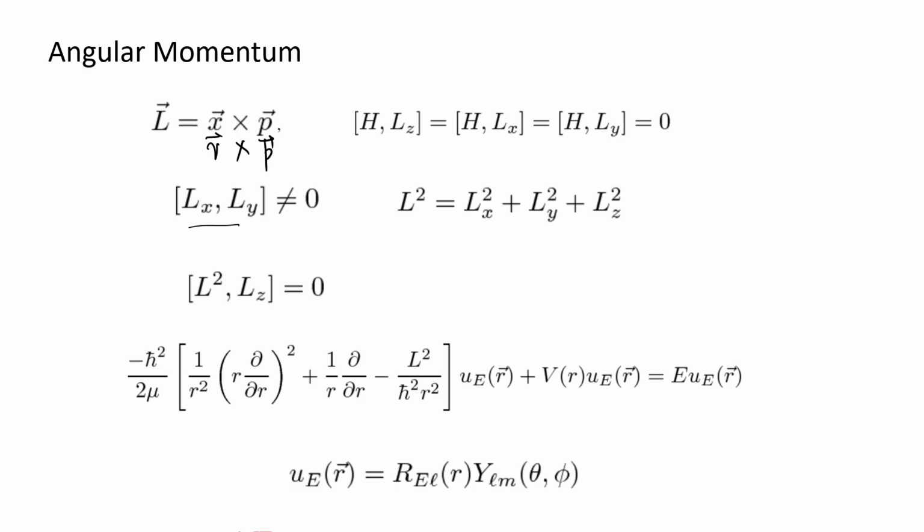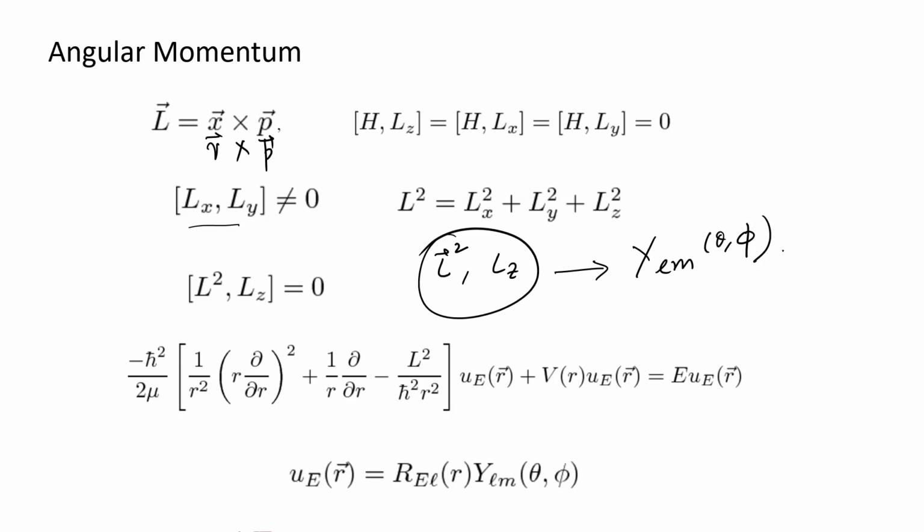So rather we choose L square. The Hamiltonian for the hydrogen atom commutes with the angular momentum square, and it also commutes with Lz, and L square commutes with Lz. Of course, L square commutes with Lx as well, but that is not so important. So we take these two as the basis for constructing the eigenstates, and this gives you these Ylm functions, which are functions of theta and phi.